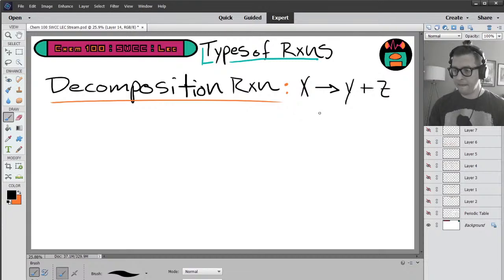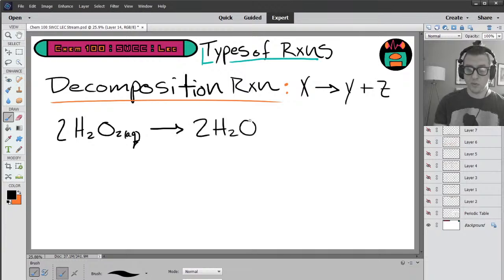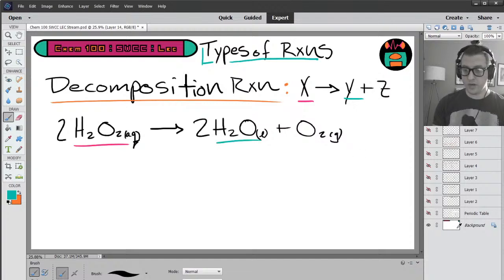You've also seen an example of a decomposition reaction today, and that is the decomposition of hydrogen peroxide. Aqueous hydrogen peroxide will decompose into liquid water and oxygen gas. And again, X here would be hydrogen peroxide, Y would be water, and Z would be O2 gas.